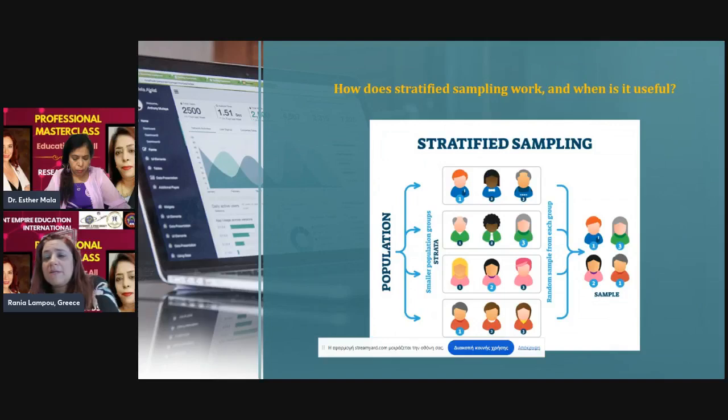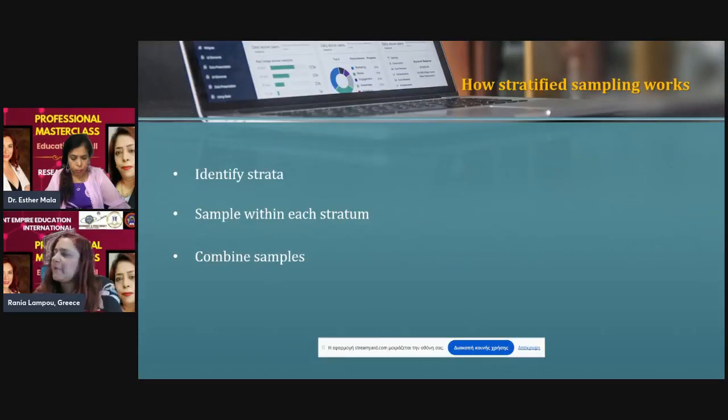Now, how does stratified sampling work? Stratified sampling is a sampling technique designed to ensure that specific groups, called strata, within a population are adequately represented in the sample. So how does this work? Here we divide the entire population into distinct, non-overlapping groups, what we call strata, based on key characteristics: age, gender, income level, grade level.